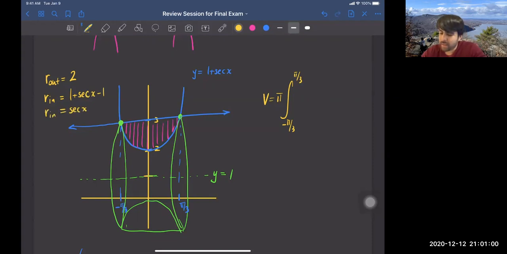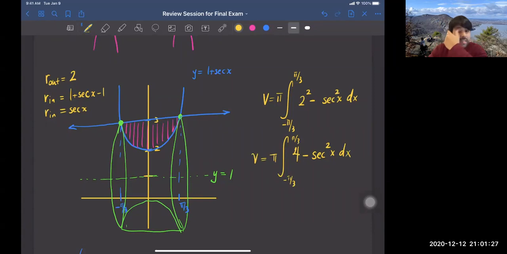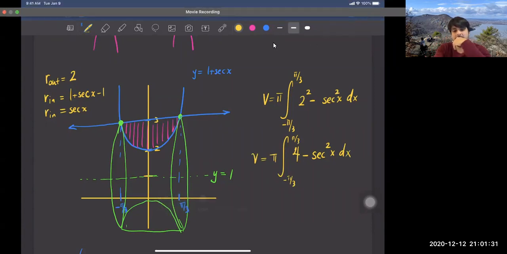So then I get 2 squared minus secant of x squared dx, and this becomes 4 minus secant squared x, evaluated at negative pi over 3 to pi over 3, times pi. Do you guys see the setup? If you got the setup, you got everything.